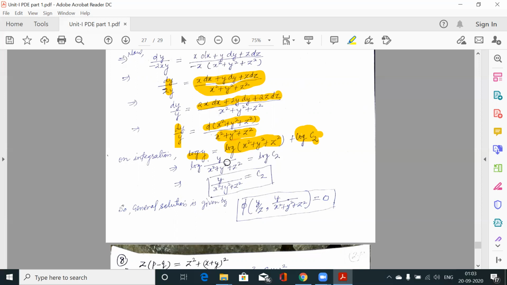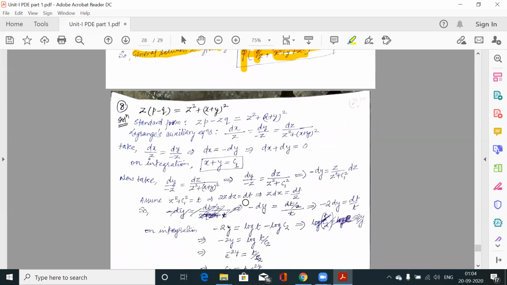Now by logarithm properties, y over x square plus y square plus z square is equal to c2. So this is our second solution. So what is our general solution? The general solution is phi of the first solution, which is y over z is equal to c1, and comma, the second solution, y over x square plus y square plus z square is equal to c2.